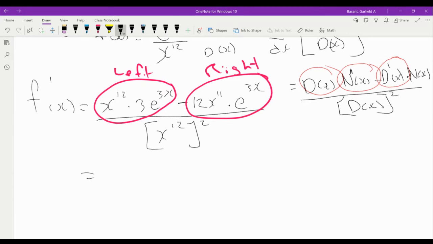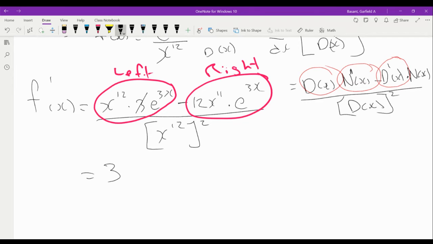So what's the GCF on the top? Can we find a number that's common? What's the GCF for 3 and 12? 3. All right, so the GCF is 3.